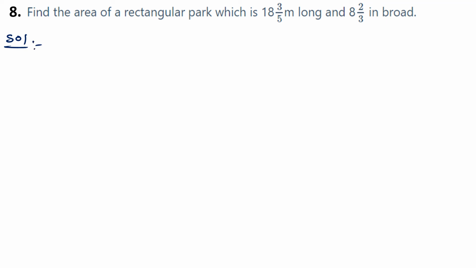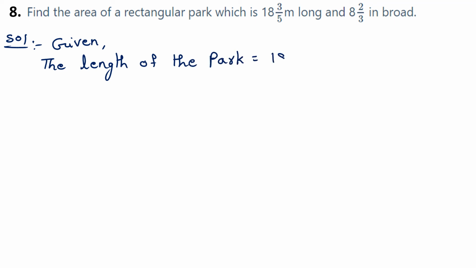So what is given here? Given the length of the rectangular park equals 18 3 by 5 meters. So we should write that as improper, that is 5 18s are 90, 90 plus 3, 93 by 5 meters. Okay, so like that, write the breadth of the park.